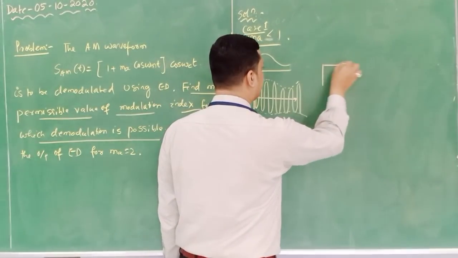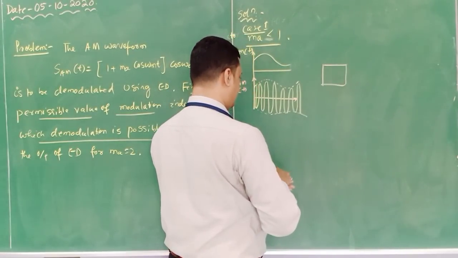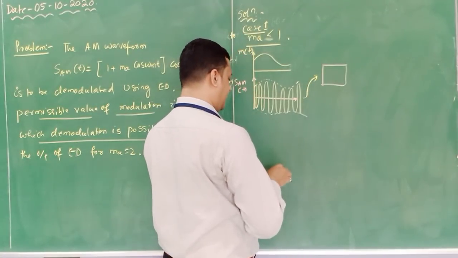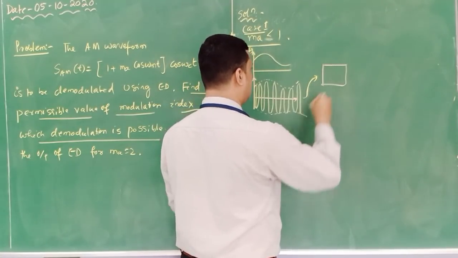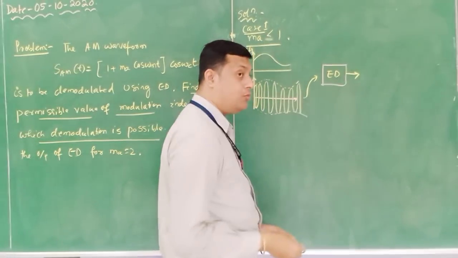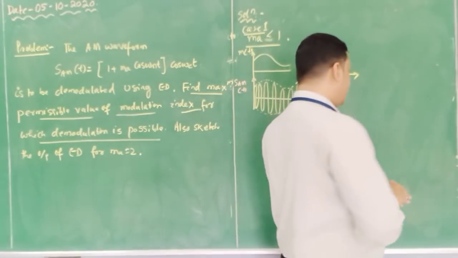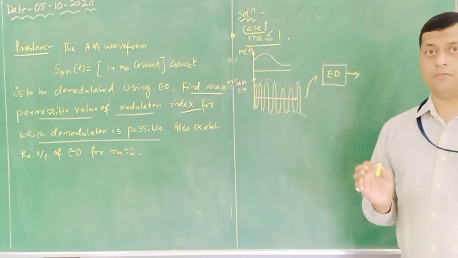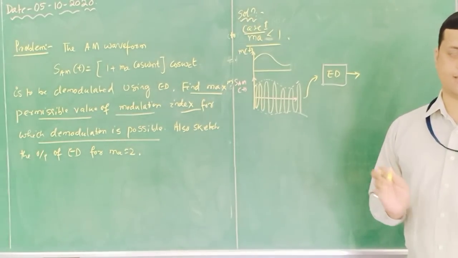Now this AM signal is provided to the envelope detector. What is the output of the envelope detector? The envelope detector consists of a diode followed by a parallel combination of an RC circuit.